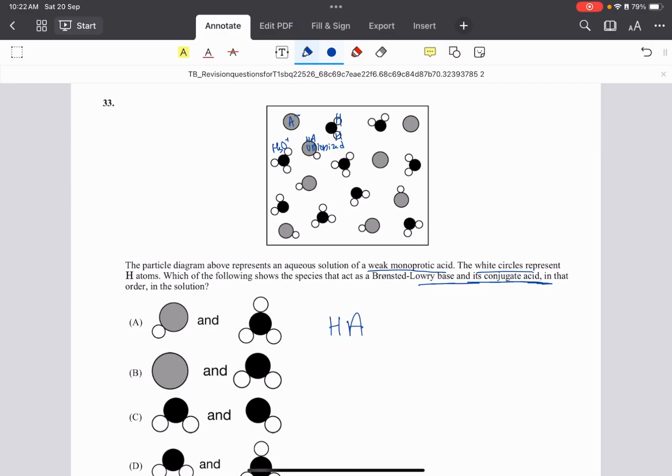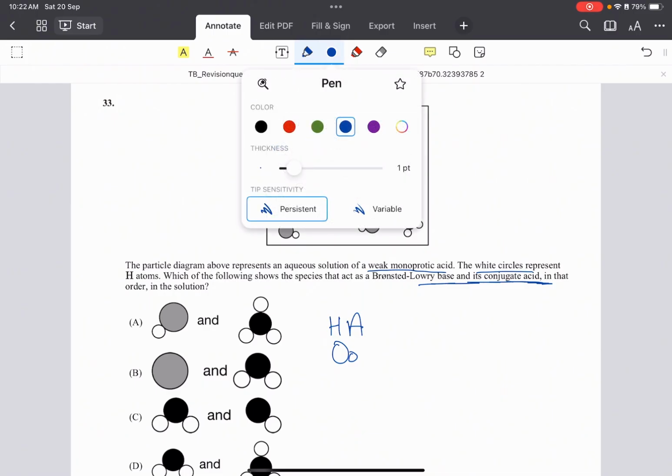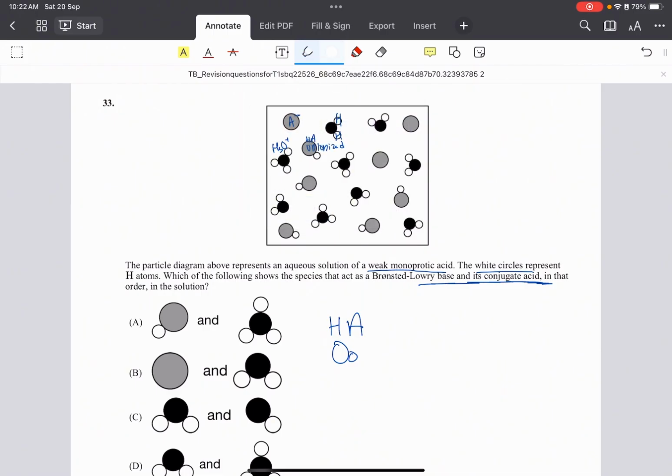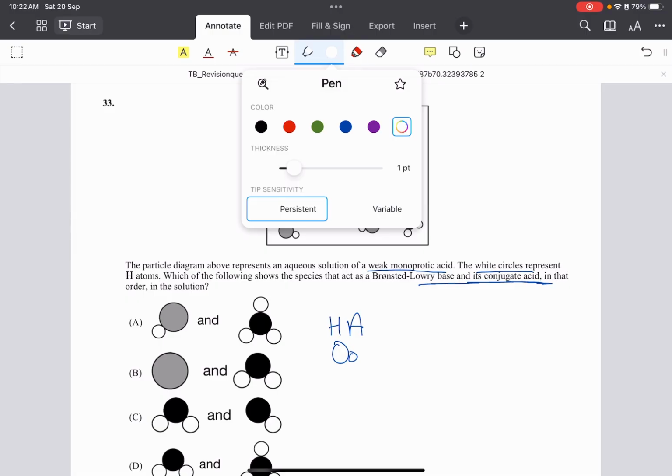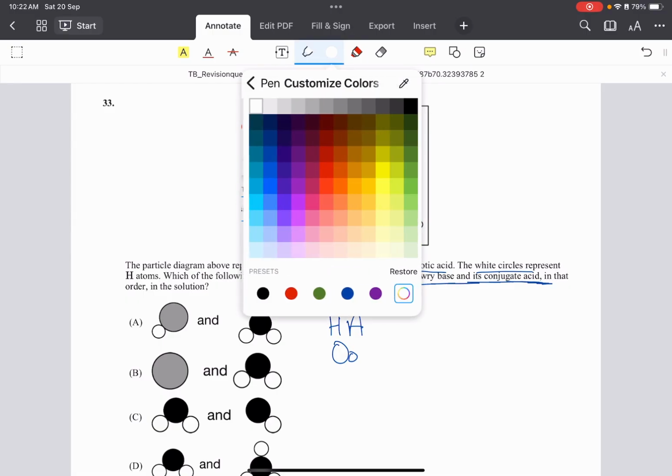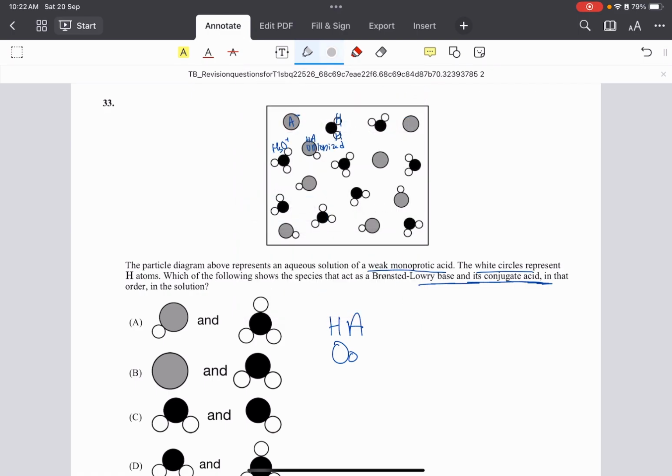I have HA that looks like this, gray and white. Here's gray, okay, so gray and white, plus H2O, it's going to be this one, the black and two white.